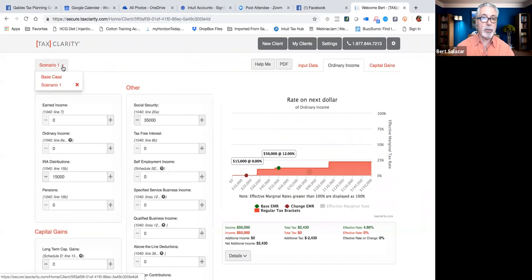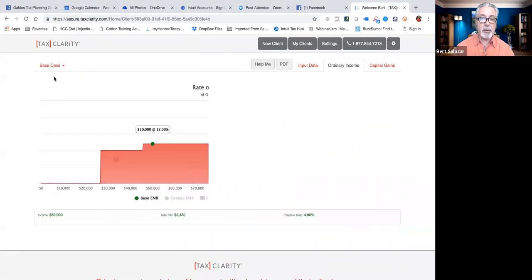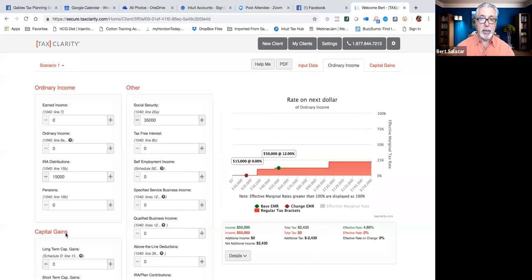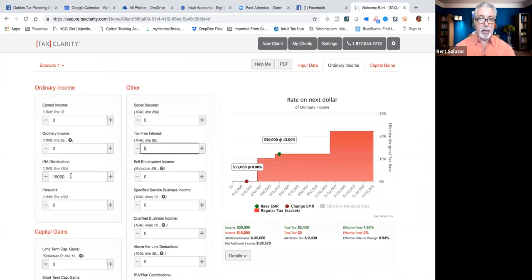Let me actually go to the base case scenario, which will tell you that it was primarily based on $50,000 of IRA distribution that these clients were generating. So you notice that they were in retirement.